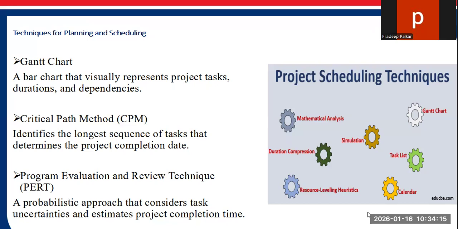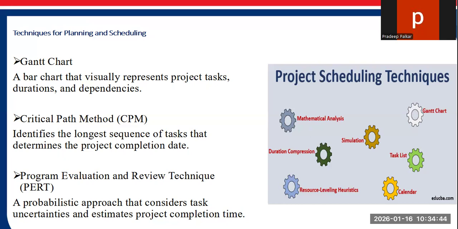See here in this image, project scheduling techniques include the Gantt chart, task list, calendar, resource leveling, duration compression, simulation, which is software related, and mathematical analysis. The meaning of planning and scheduling: planning decides what work is to be done and how.